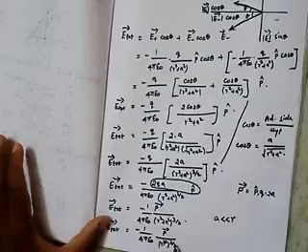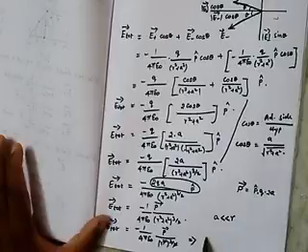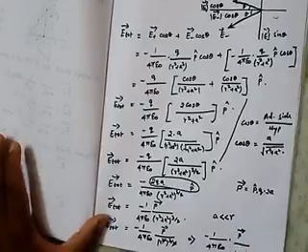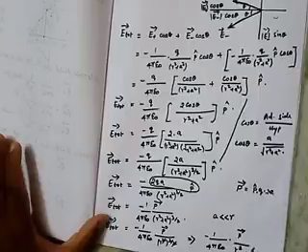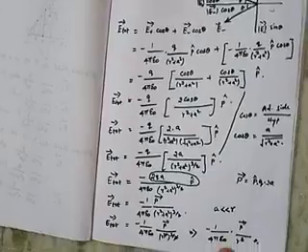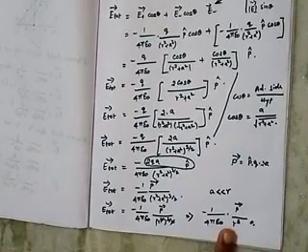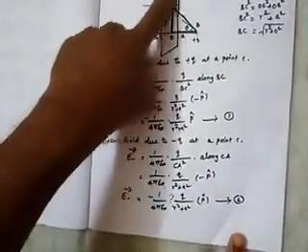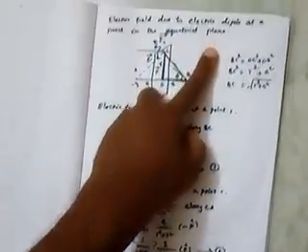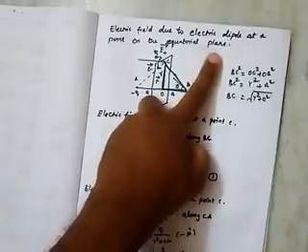So this square and 2 cancel, and it can be written as minus 1 divided by 4 pi epsilon naught into p vector divided by r cube. Okay students, this is the final equation for the electric field due to an electric dipole at a point on the equatorial plane.